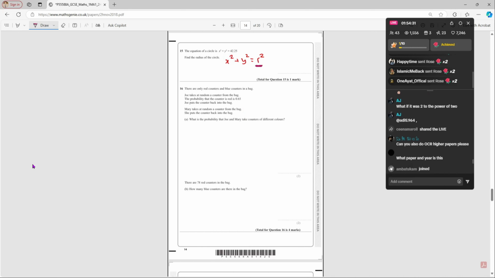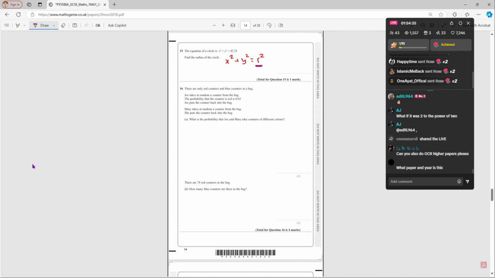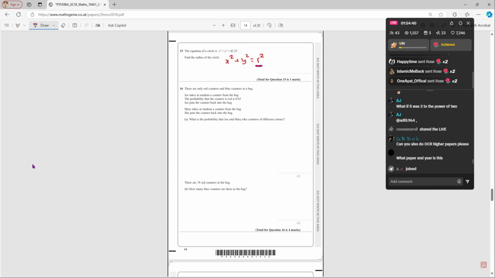This is paper 2 calculator, 2018 past paper, okay? So you just do the square root of 42.25, which will give you 6.5, and that will be the radius.